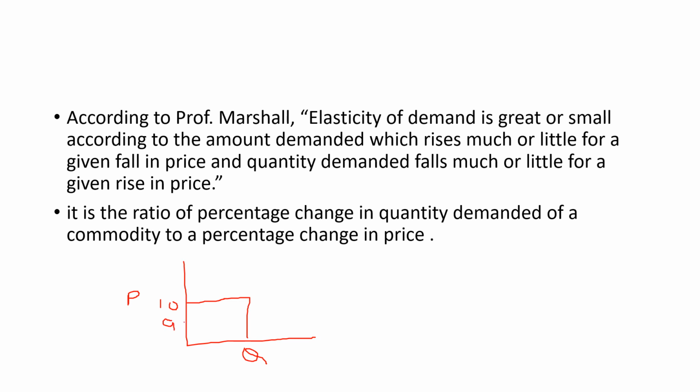So when the price is decreased, the quantity demanded for the product has increased so drastically. You can see there is a drastic change. Only a small decrease in the price, and the demand for the product has increased more. That is what Professor Marshall is explaining.